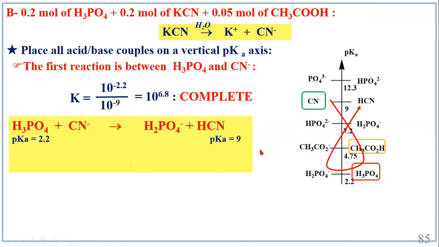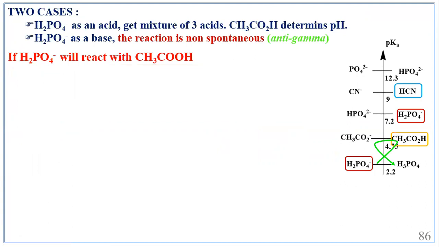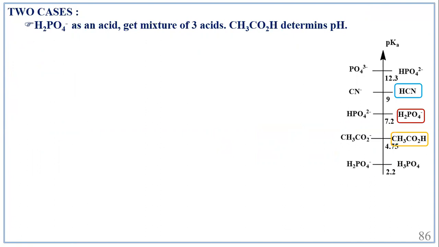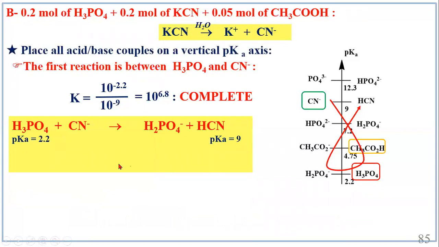You do the K reaction, look at the pKa of the reactants, sorry, the pKa of the products and of the reactants. The K reaction happens to be 10 to the 6.8. How do I know?